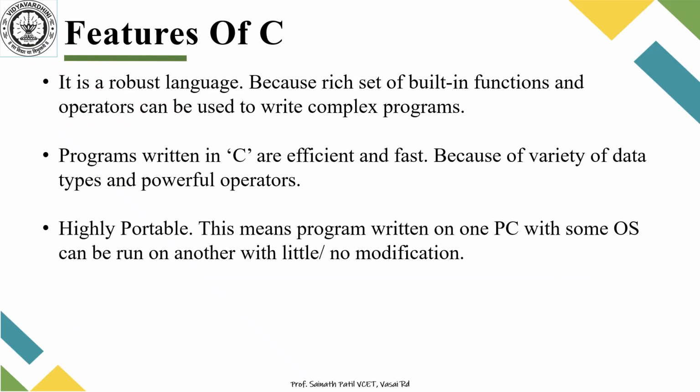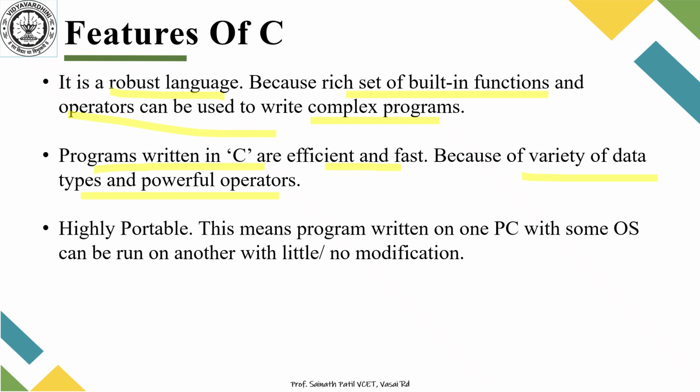Here are some important features of C programs. First one is it is a robust language because a rich set of built-in functions and operators can be used to write complex programs. Second one, programs written in C are efficient and fast because a variety of data types and powerful operators are available.